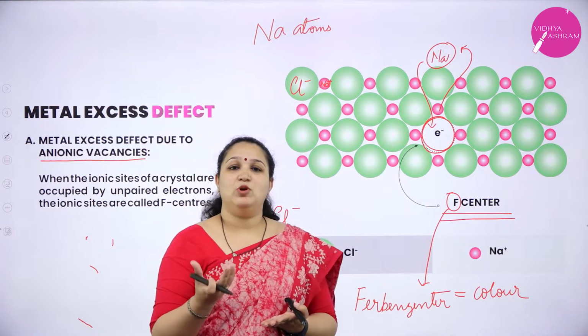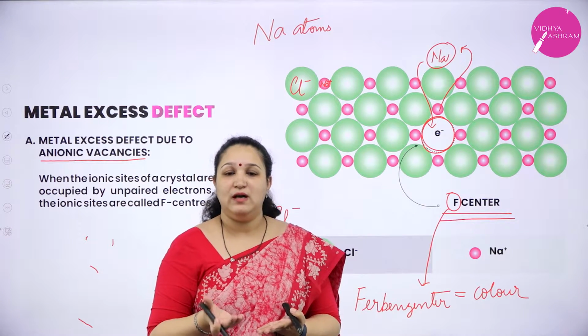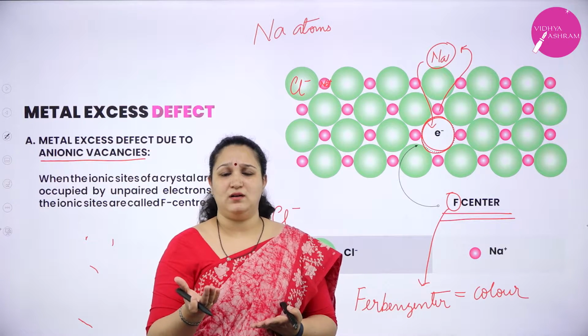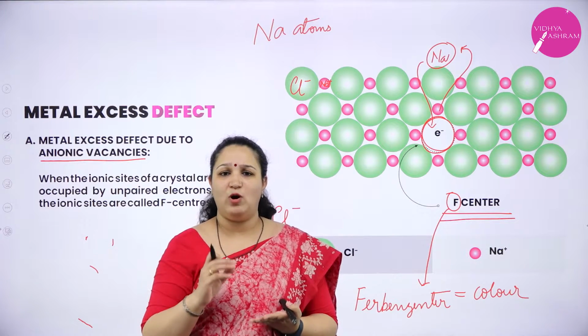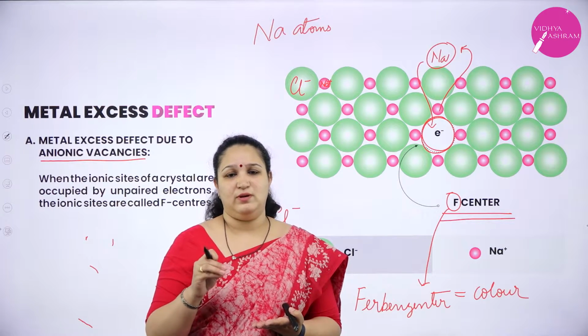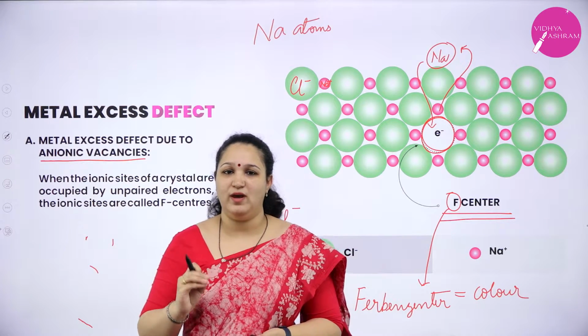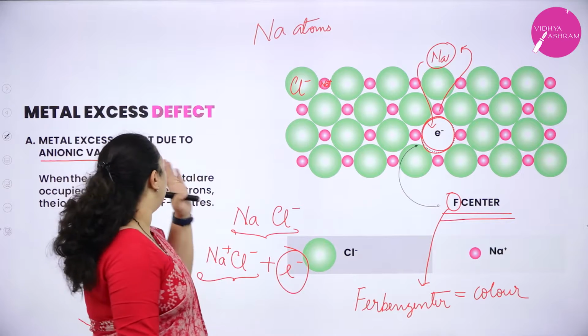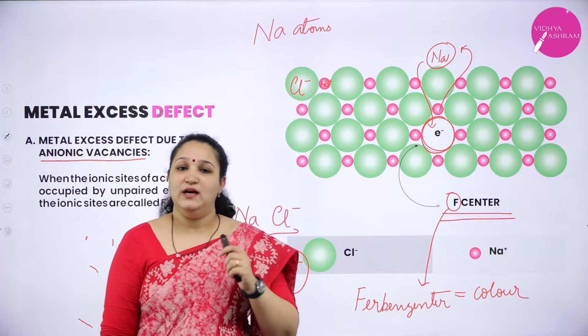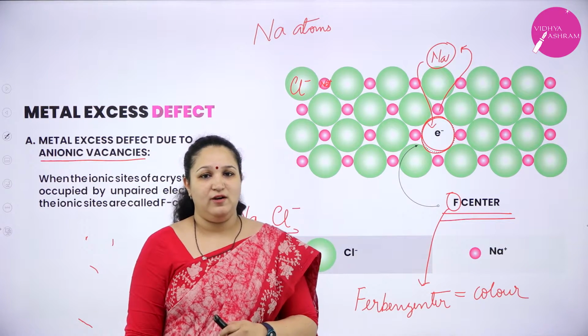Similarly, potassium chloride can turn lilac color. Lithium chloride can turn pink color because of excess of lithium or excess of the metal ion in the respective solids. So that is about the metal excess defect due to anionic vacancy.